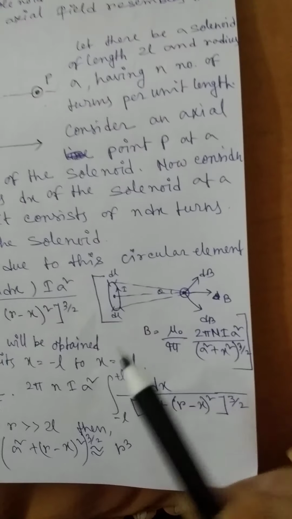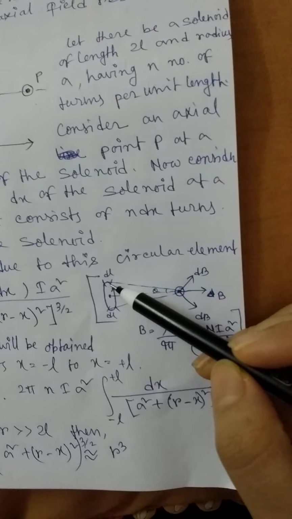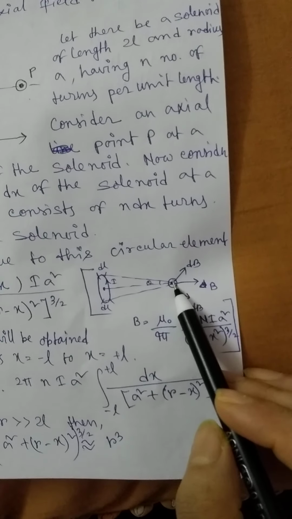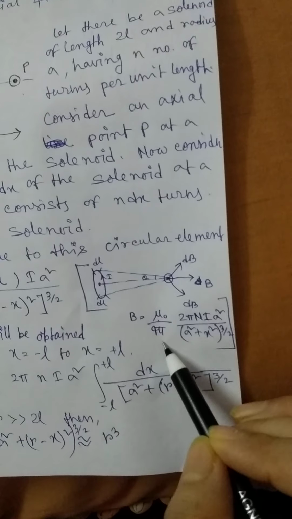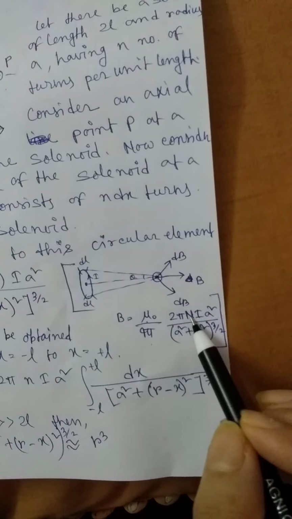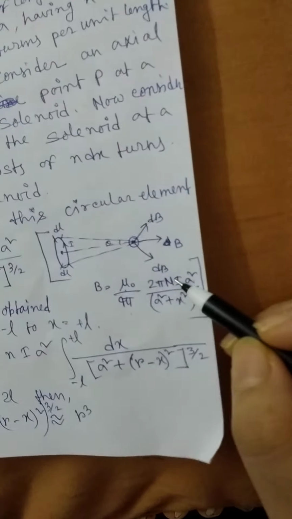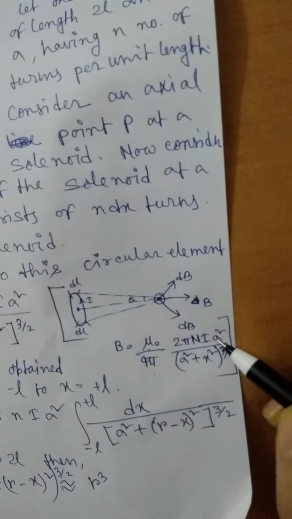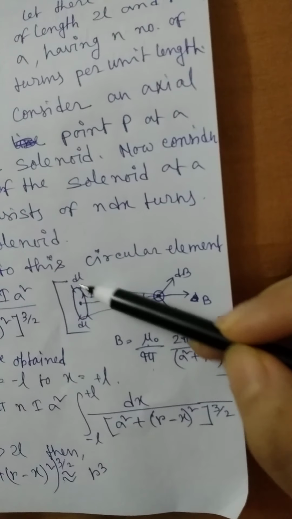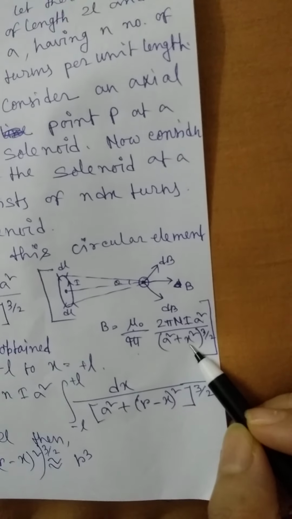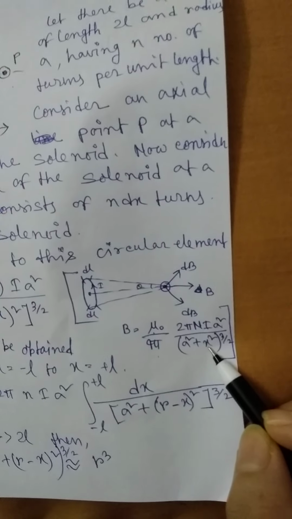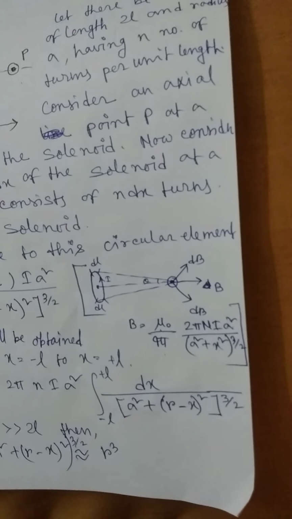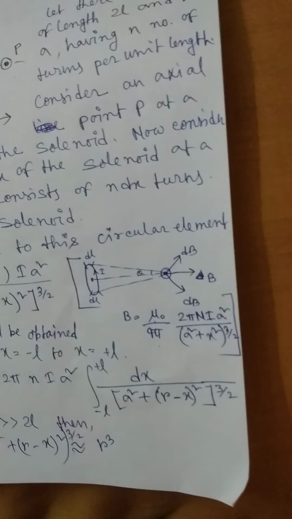We already found for a current carrying circular loop, the magnetic field at an axial point is mu naught by 4 pi times 2 pi N I a square, where N is the total number of turns, I is the current passing through each turn, a is the radius of this circular loop, and x is the distance between the center of this circle and the point P where the magnetic field is required.